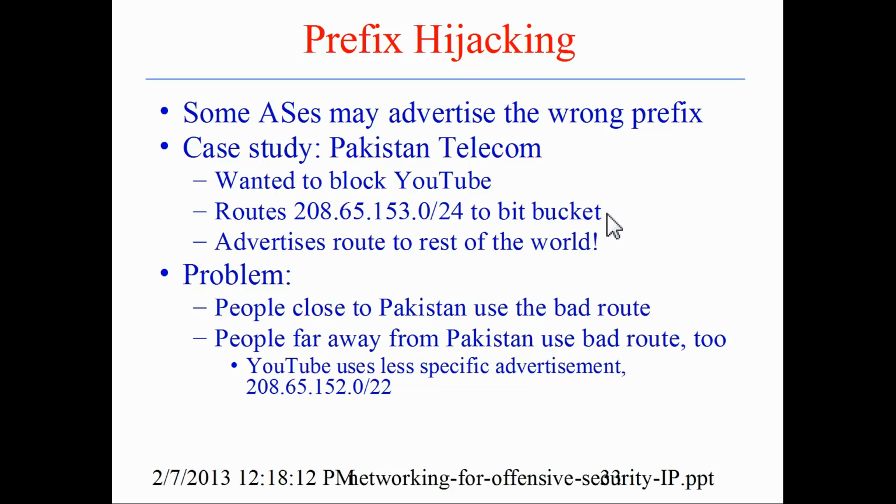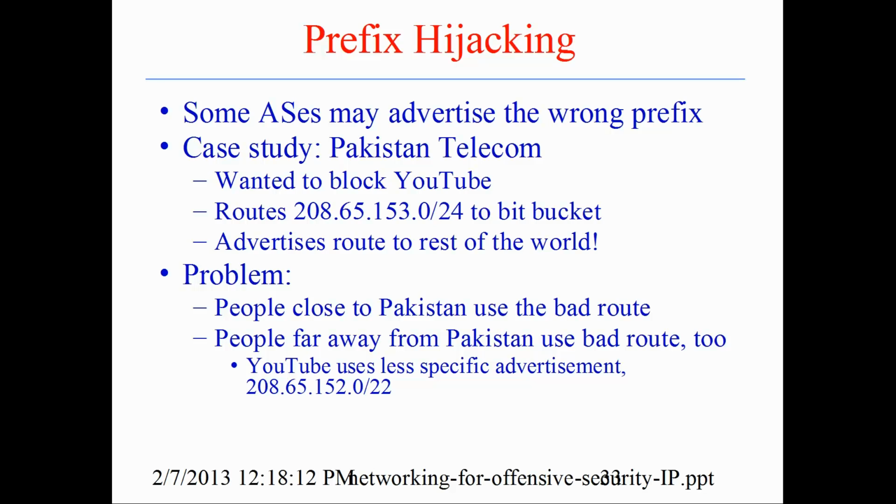And the problem here was that it also decided to advertise this route to the rest of the world. And its neighboring autonomous systems automatically adopted this path because it was shorter than perhaps the route from the Middle East all the way to the United States to get to the service for YouTube. So the neighboring autonomous systems said, oh, hey, YouTube is instead this way. I can get to it in one hop through Pakistan.